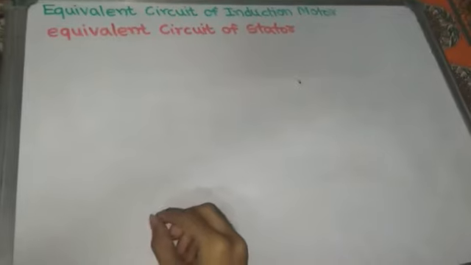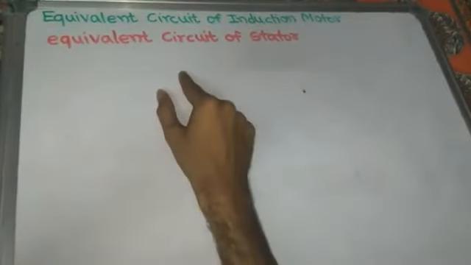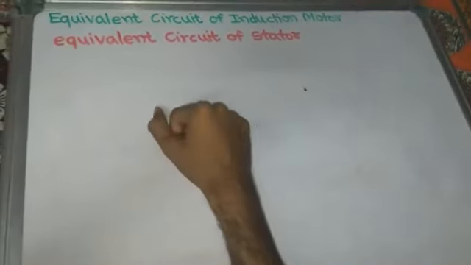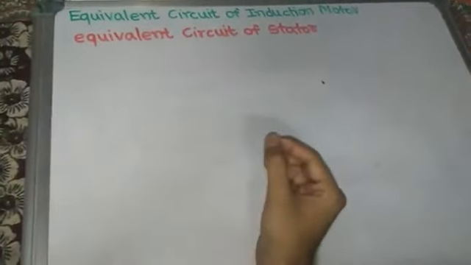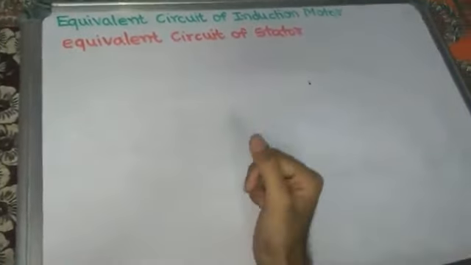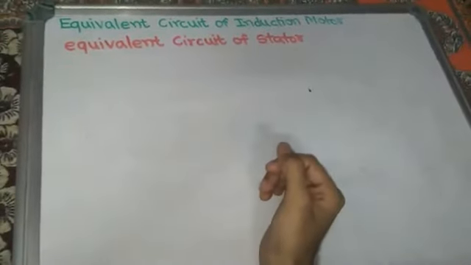Today in this episode we are going to discuss the equivalent circuit of a three-phase induction motor. One thing you must note is that a three-phase induction motor acts as a generalized transformer.